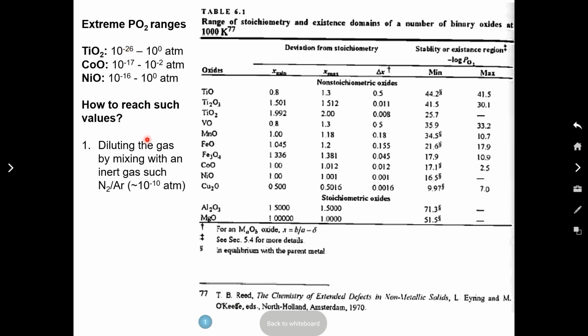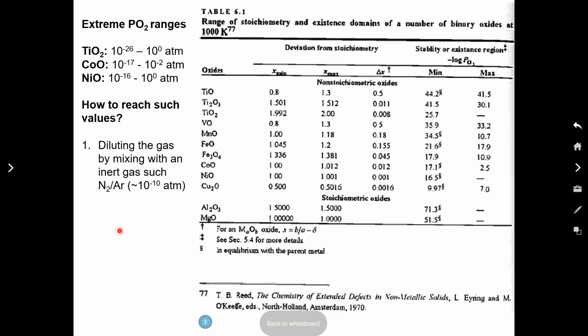So the question is, how can we create that in the lab? One idea is that you can dilute your oxygen by mixing with nitrogen, but that is not going to work too effectively because nitrogen still has some oxygen. Even argon has 10 sub-ppm of oxygen.